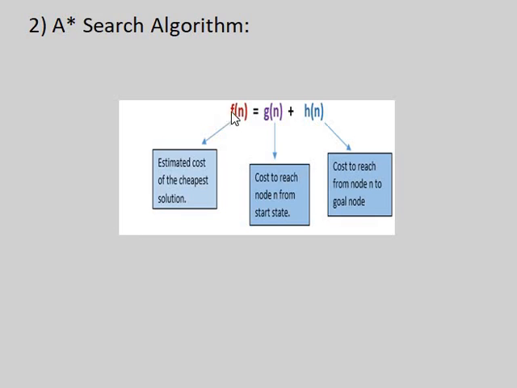Here we are finding f of n by adding g of n and h of n. This sum is called the fitness number. Here f of n is the estimated cost of the cheapest solution, g of n is the cost to reach the node n from the start state, and h of n is the cost to reach from node n to the goal node.